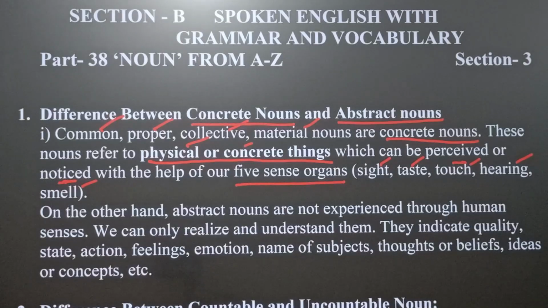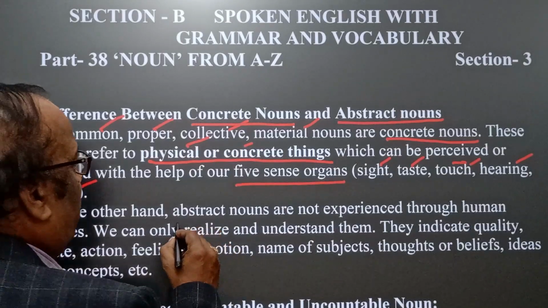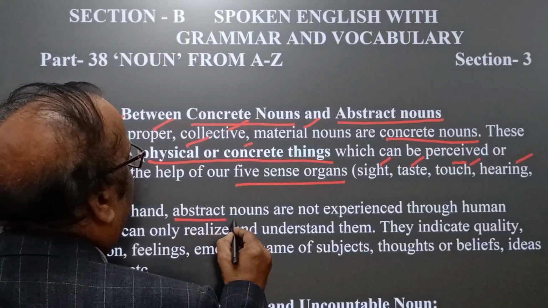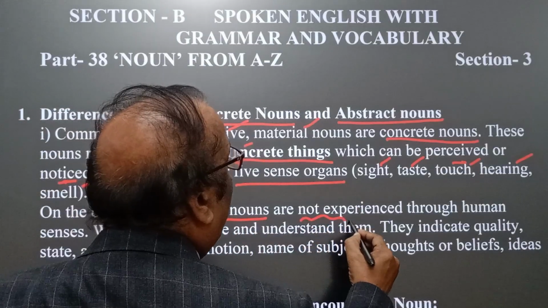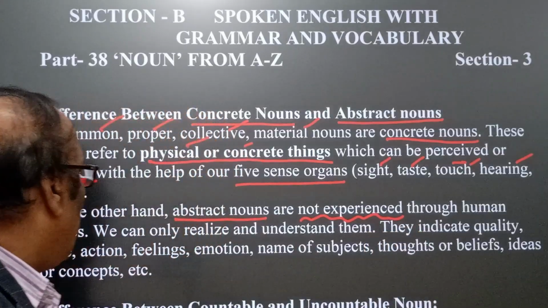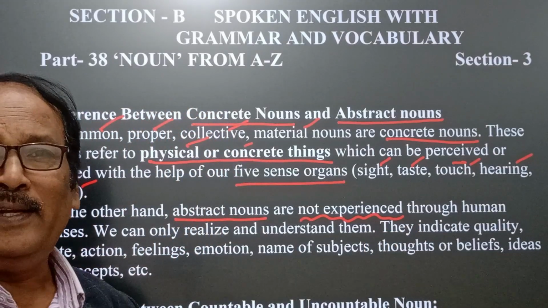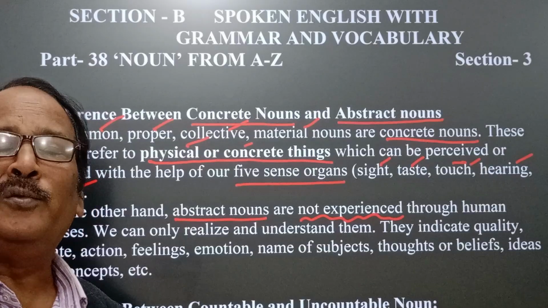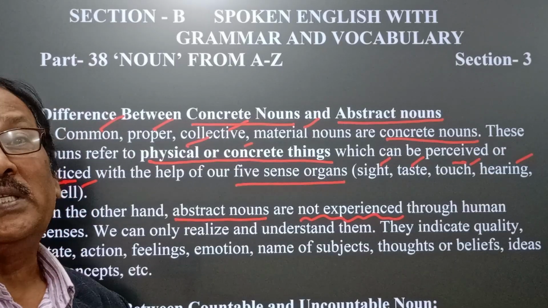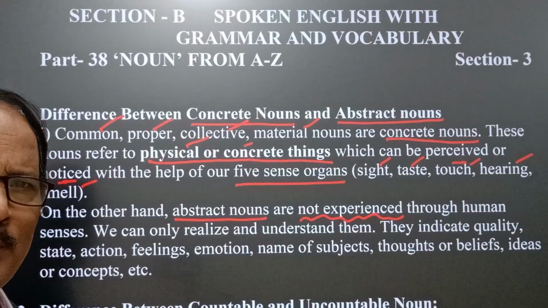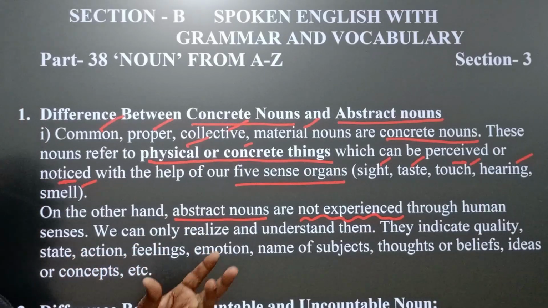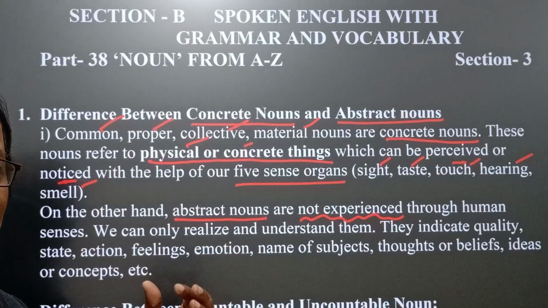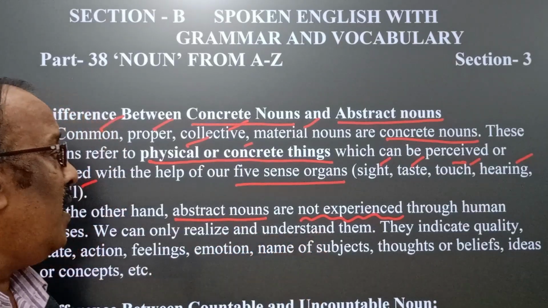On the other hand, abstract nouns are not experienced through human senses. It means abstract nouns cannot be perceived through our 5 sense organs. We can only realize them; it is a matter of realization and understanding.